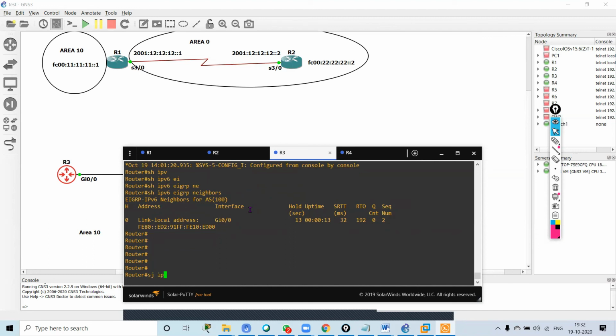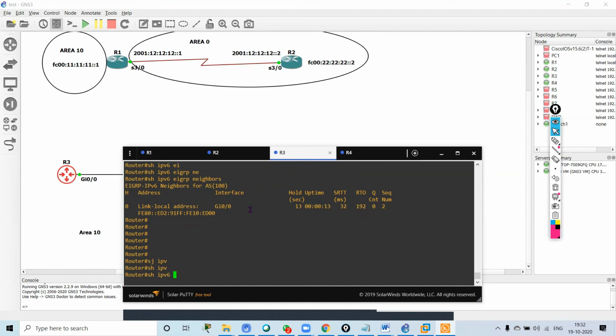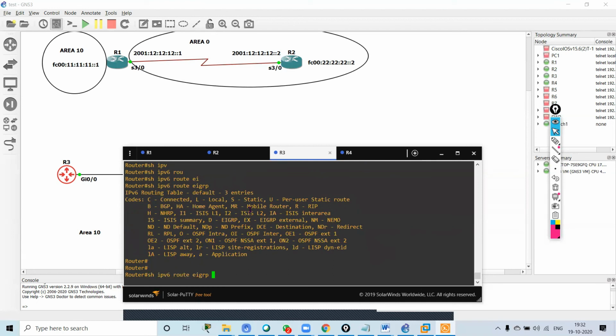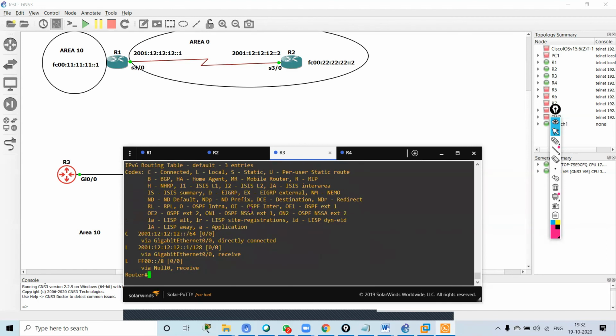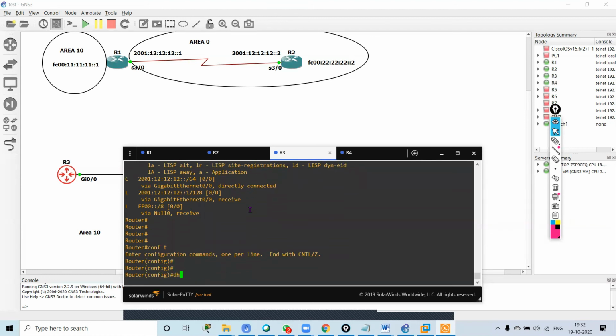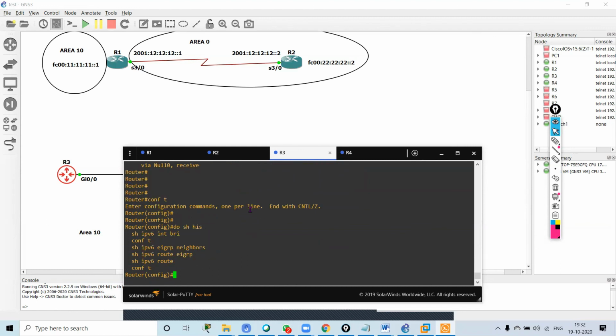If I see show IPv6 route EIGRP, I should get a route over here.